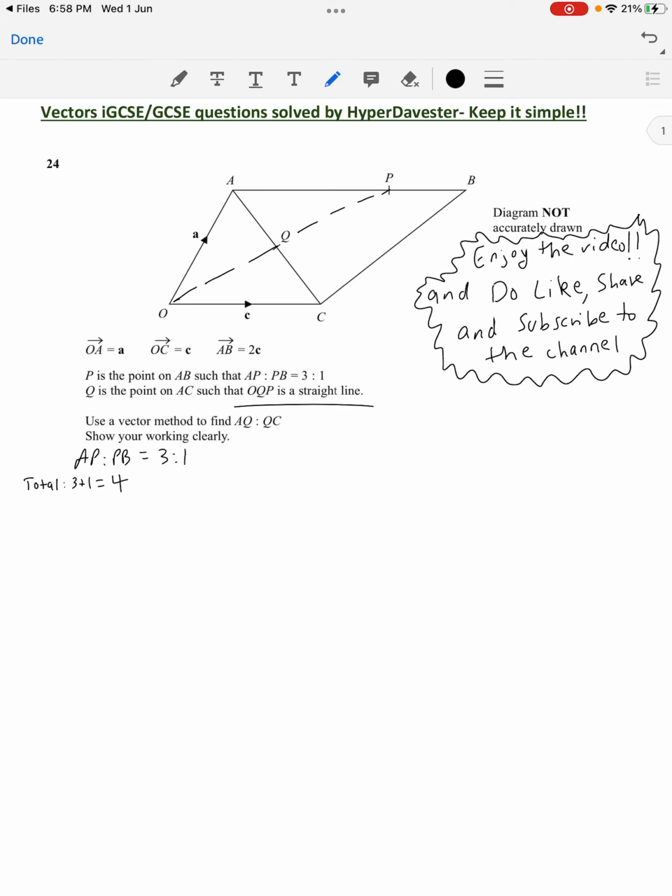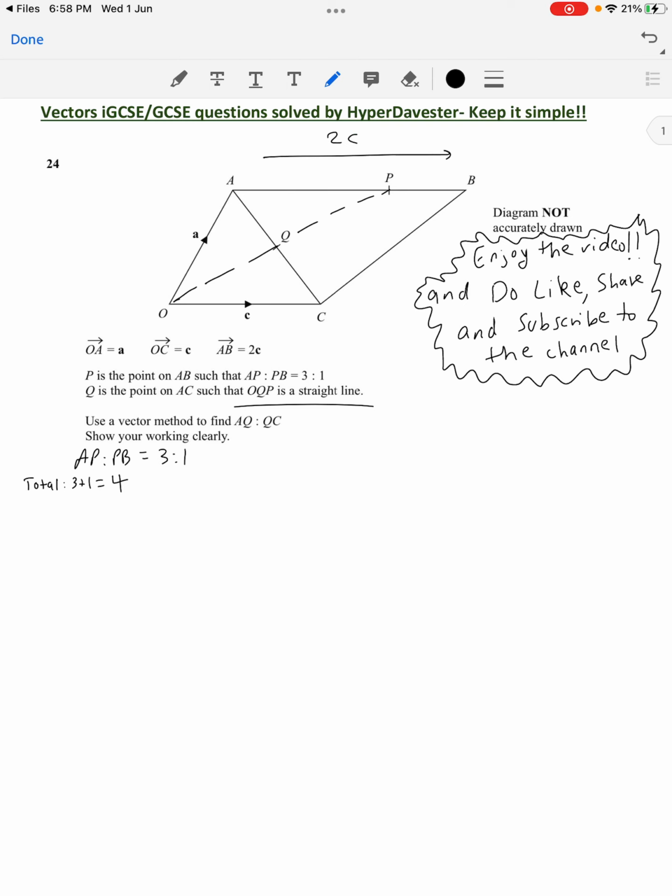Okay, so we have to find out what AP is, and we know what AB is, since the clue is given that AB is 2C. So given from the question, it's straightforward.